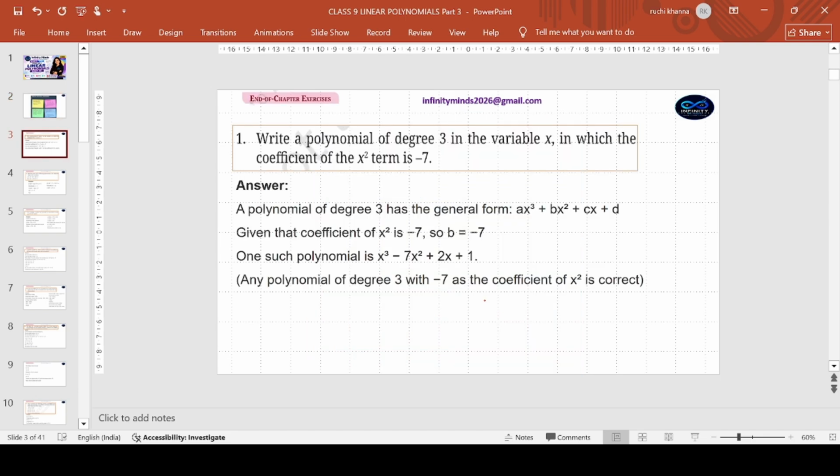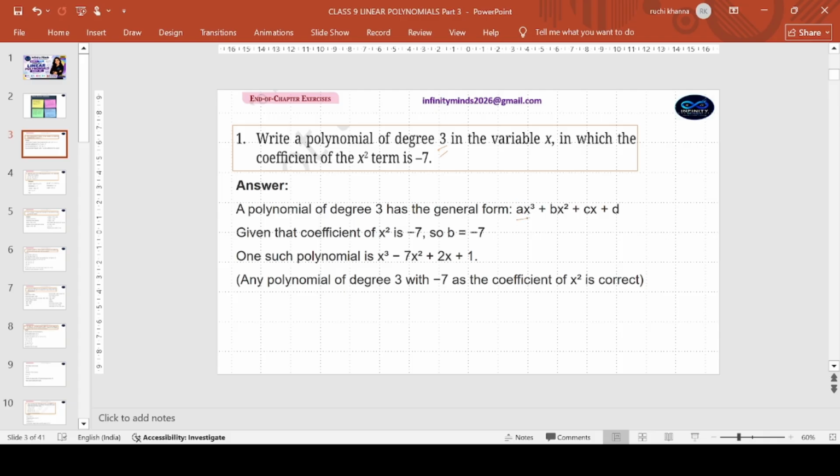Question number 1. Write a polynomial of degree 3 in variable x in which the coefficient of the term x square is -7. Okay, children, let us first recall how you would have a polynomial. The degree has to be 3. Degree refers to the highest power of the variable in that expression.